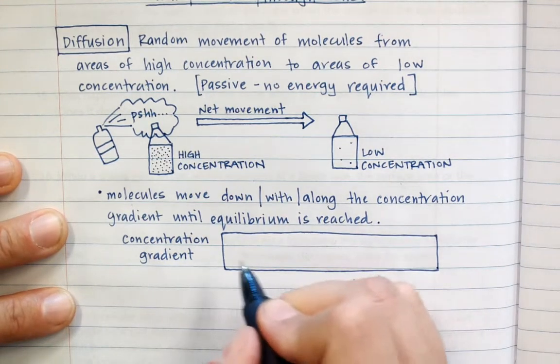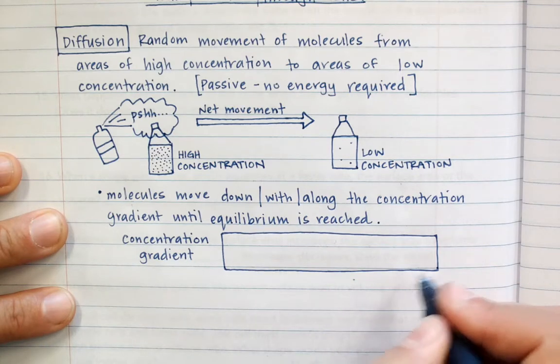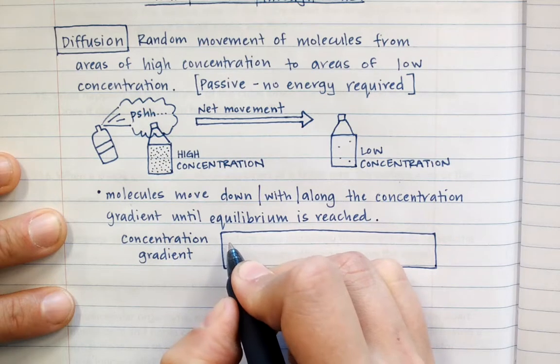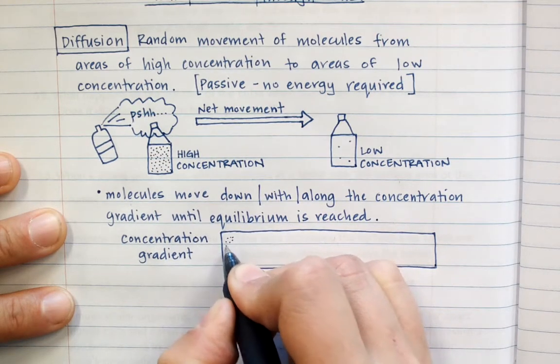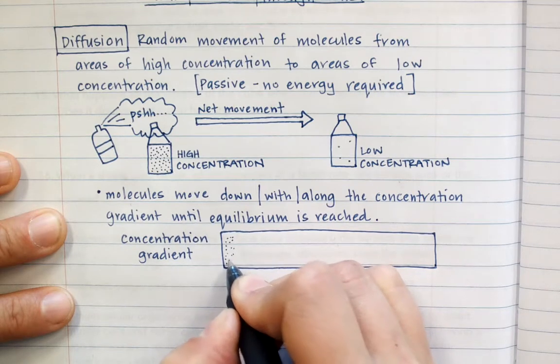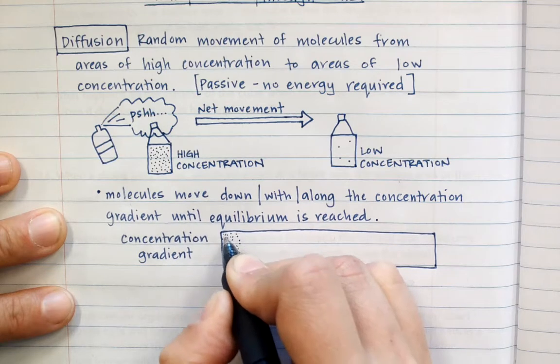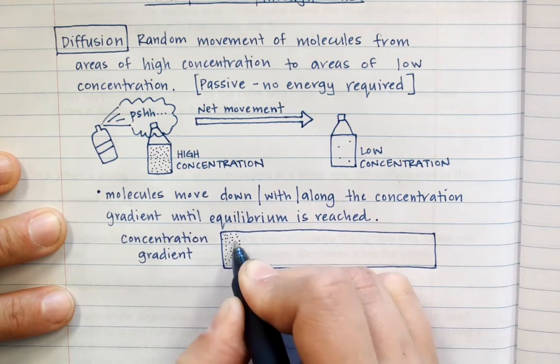So concentration gradients means that there's more molecules in one location than another. So I'm going to start with it being a high concentration on this side. So I'm going to start by making a whole bunch of dots that represent my molecules. And they're sort of randomly dispersed, but this is pretty concentrated.